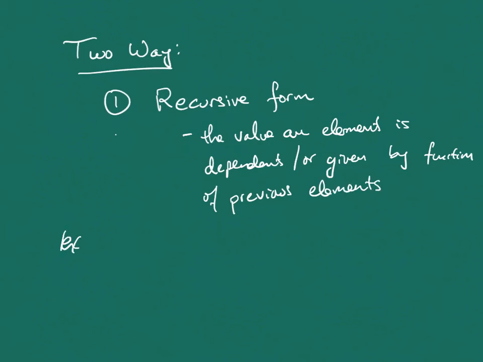So for example, if we took the Fibonacci sequence, the Fibonacci sequence is really generated by, we start off with the first two elements, 1 and 1, and then we get the next element by adding together the two previous elements. So 1 plus 1 is going to give us 2.